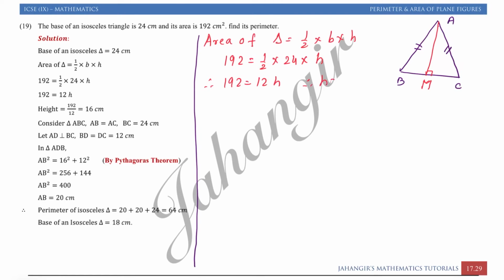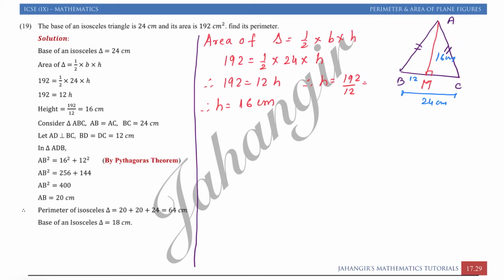So therefore H is equal to 192 upon 12. So height is equal to 16 centimeter. Now BC is given as 24 centimeter, so BM can be written as 12 centimeter and height is 16 centimeter.